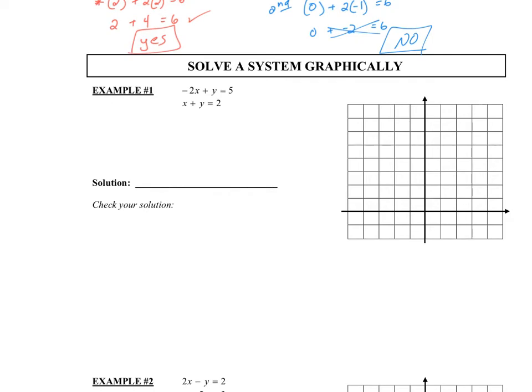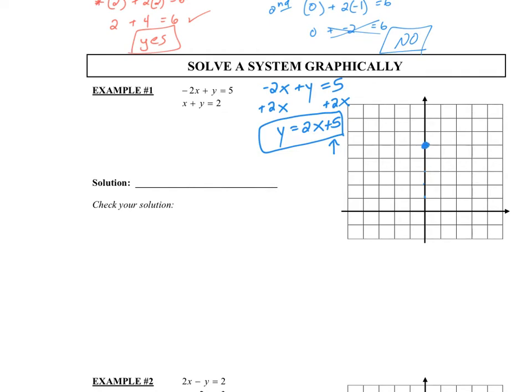So if you take the top equation, negative 2x plus y equals 5, you add 2x, you get y equals 2x plus 5. I'm going to graph it in blue. The y-intercept is 5, so I'm going to go up to 5: 1, 2, 3, 4, 5.